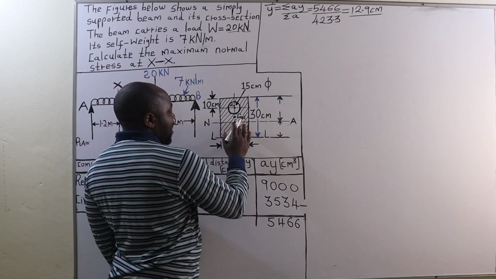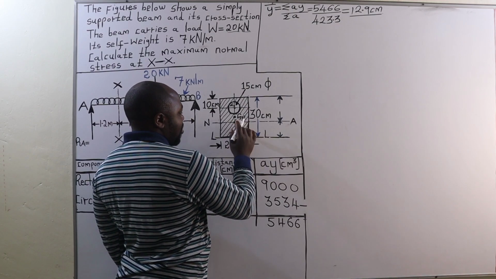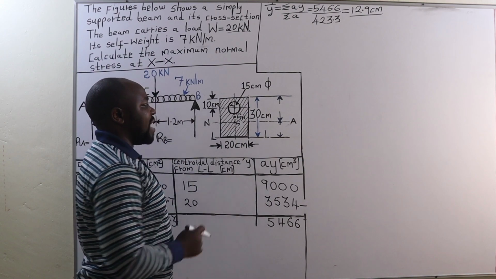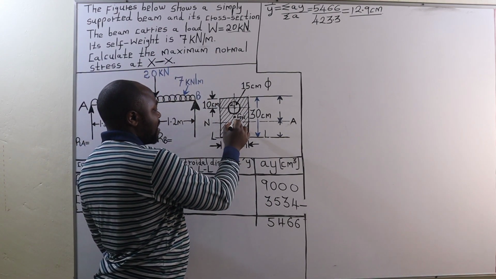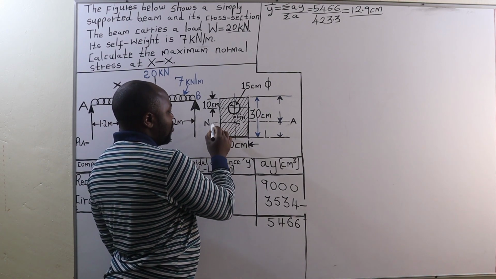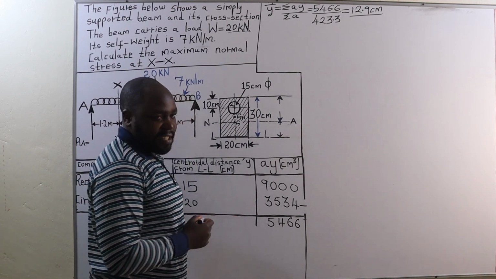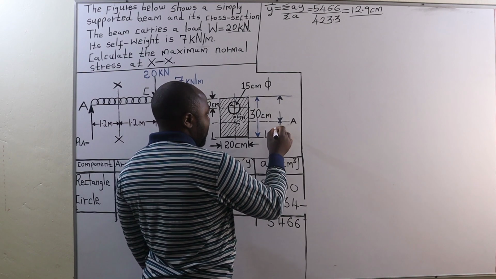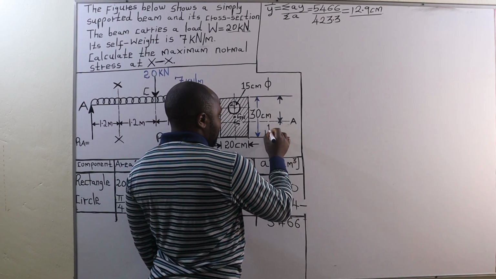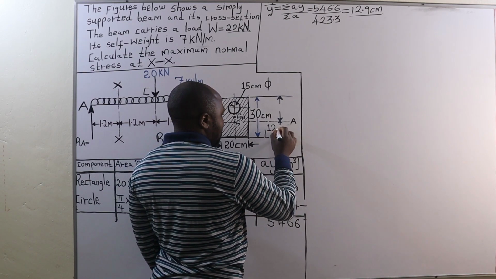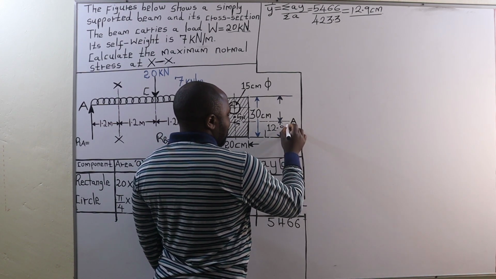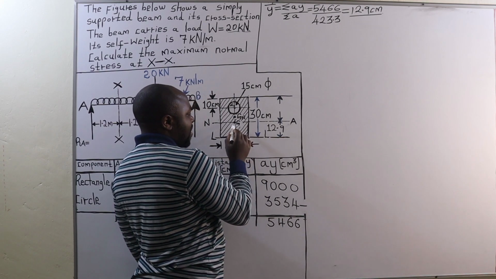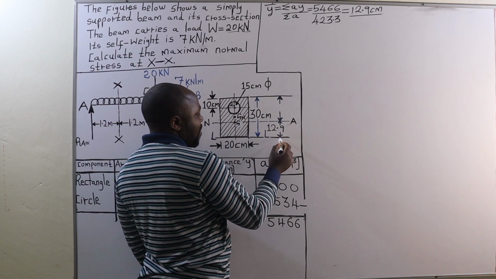So that is the position of the center of gravity of this rectangular beam section. And at the center of gravity is where the neutral axis passes. So we have 12.9 centimeters.